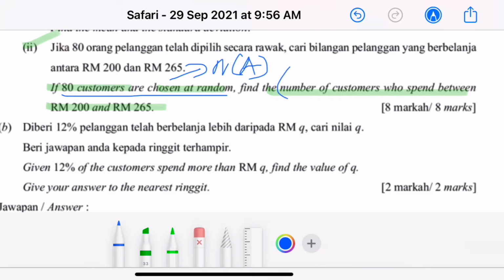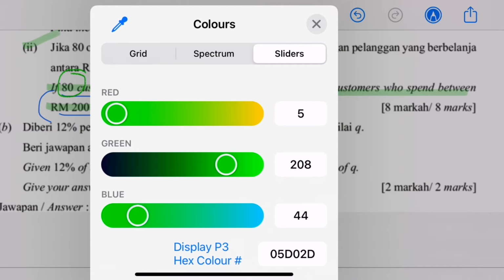We want to find the number of customers who spend between 200 to 265. So from the one given here, we assume that this is the total sample space.